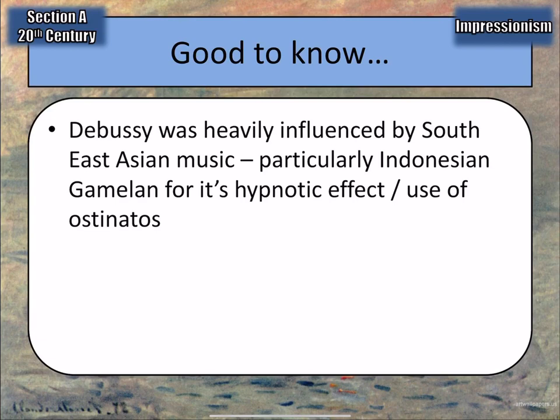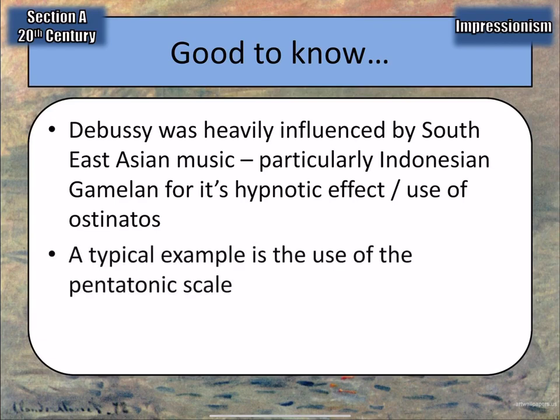He was particularly influenced by Indonesian gamelan music through its use of ostinatos and the hypnotic effect created by the music. Another thing he observed was the use of the pentatonic scale. Again, you get these things a lot in Impressionism. Whilst I've just mentioned the whole tone scale as being a key feature, we often get the pentatonic scale as well.